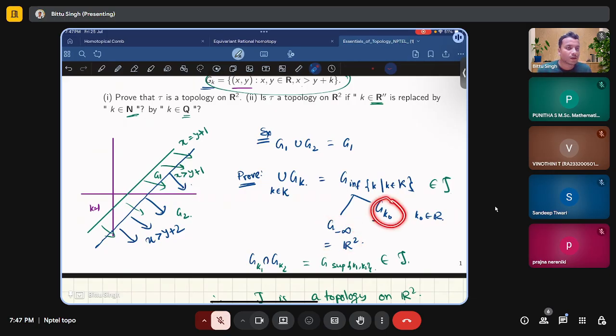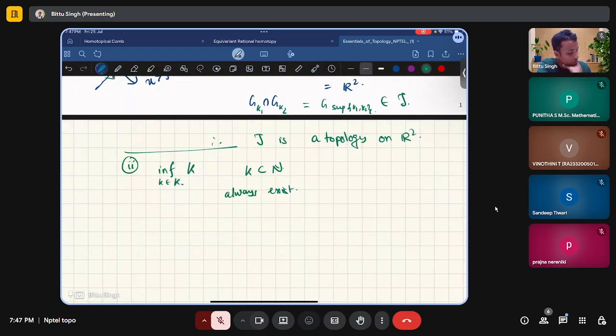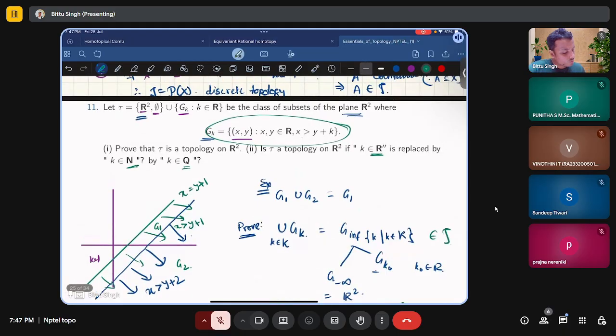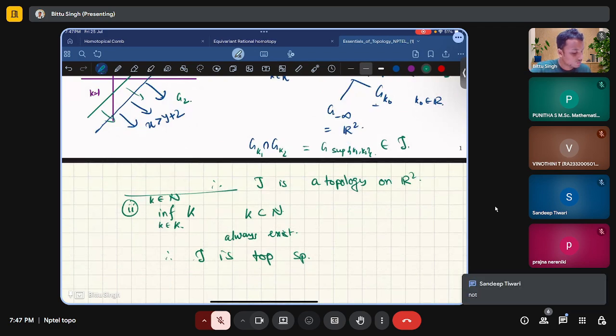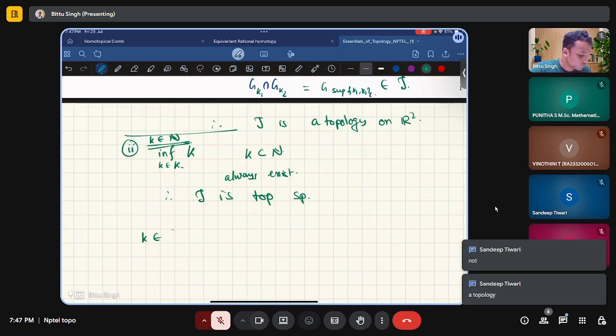So we'll get this kind of thing where k0 belongs to the natural numbers. So for natural numbers, this is okay. In this case, tau is a topological space, a top space. Now what about k belongs to Q? This is the case k belongs to N. Not. Okay. Why not?